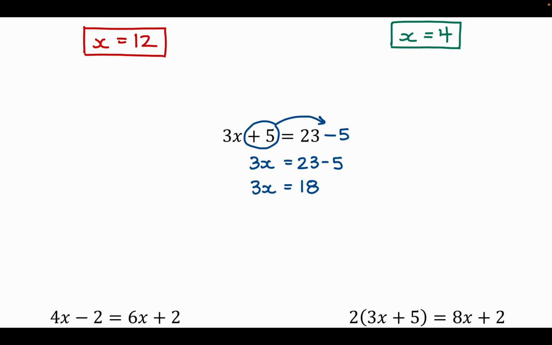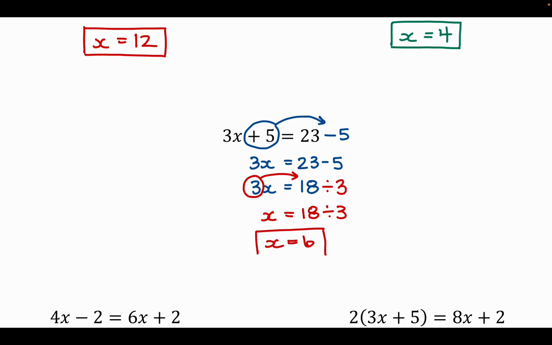So we're working our way towards that. And so now we're left with this 3. We can take the 3, move it to the other side of the equal sign. It becomes the opposite of multiplication, which is division. So we have 18 divided by 3. So our x is now 18 divided by 3. So x is equal to 6.